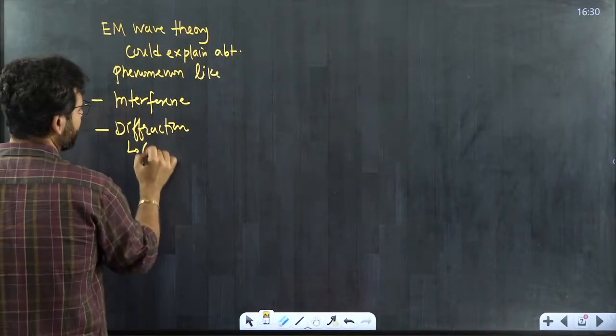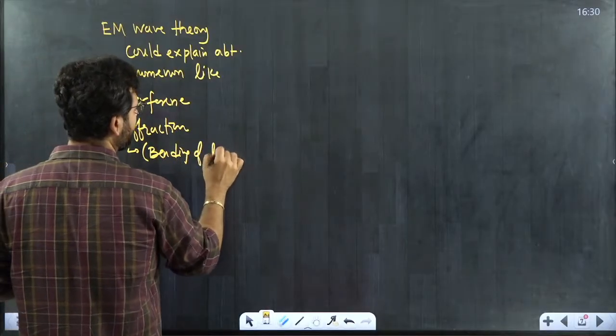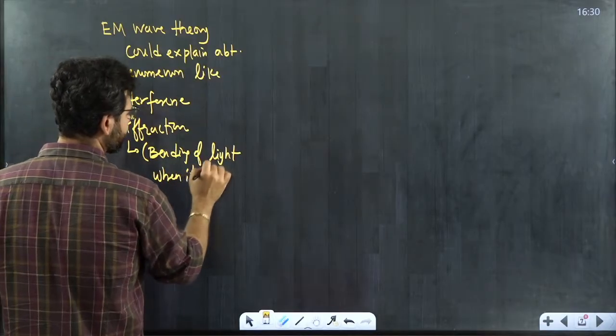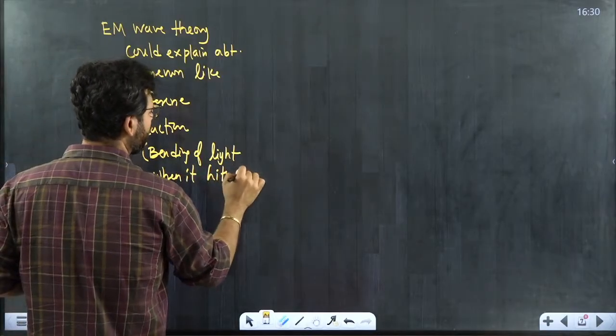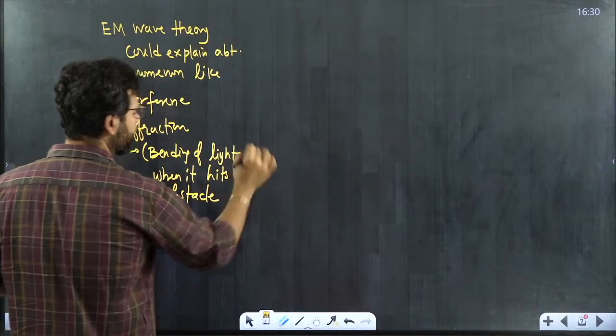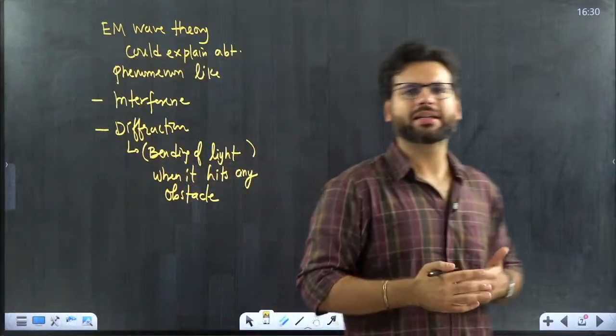Diffraction would mean bending of light when it hits any obstacle. So whenever light hits an obstacle, it starts bending.